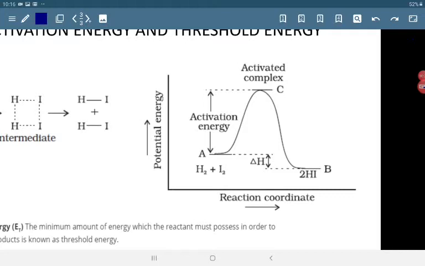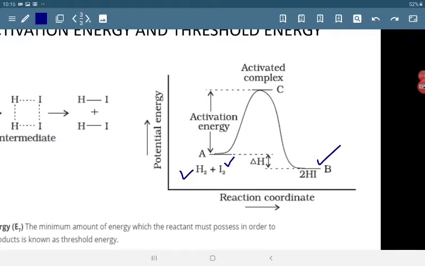So let's study the reaction between hydrogen and iodine to form hydrogen iodide. A is the average energy of the reacting molecules. Now here, if we mix hydrogen and iodine in a reacting vessel at room temperature, the reaction is very slow.